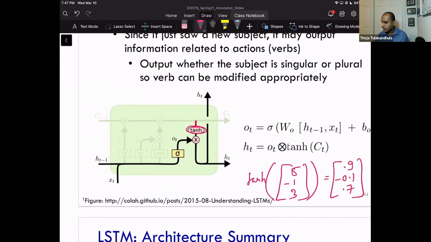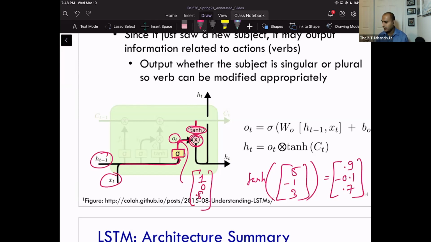Then we do a gating operation. The gate input is always the same: h_t minus 1 concatenated with x_t. We pass it through a sigmoid, which is what we've been doing for a gate operation. Let's call the sigmoid's output O_t. O_t is a vector which will have ones and zeros or things in between, say 0.8.